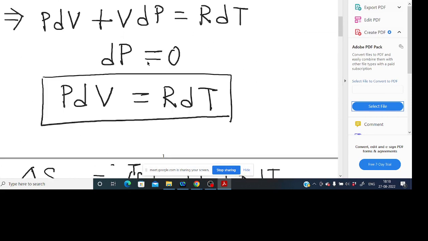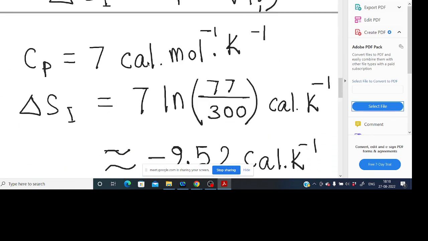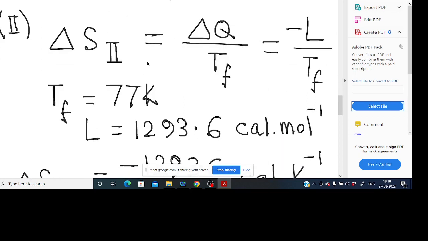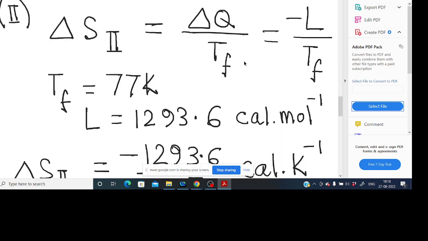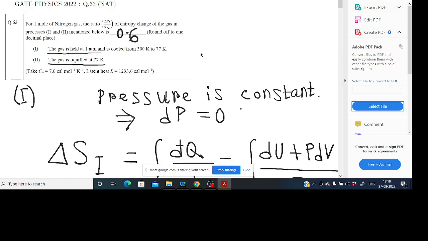First part is clear, right? Yes, sir. Okay. What is your question in the second part? We took delta q is equal to minus L. Right. So here, see the question. The latent heat is given for 1 mole of gas, right? Yes.